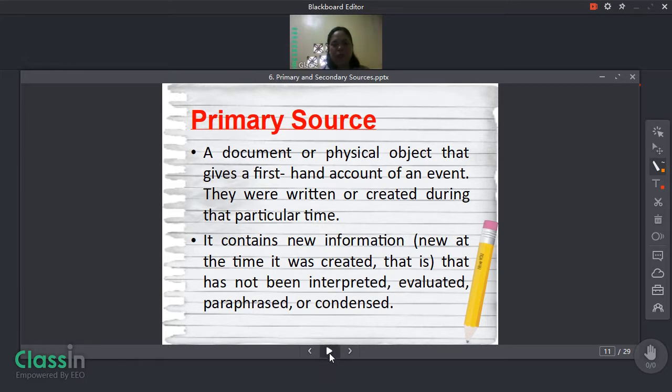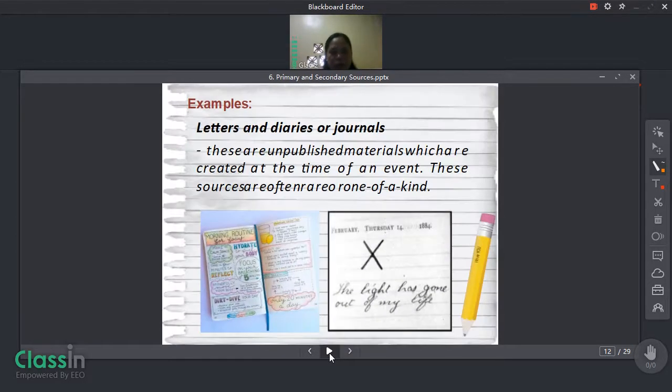What are those primary sources of information? Examples are letters, diaries, or journals. These are unpublished materials which are created at the time of an event. These sources are often rare or one of a kind.